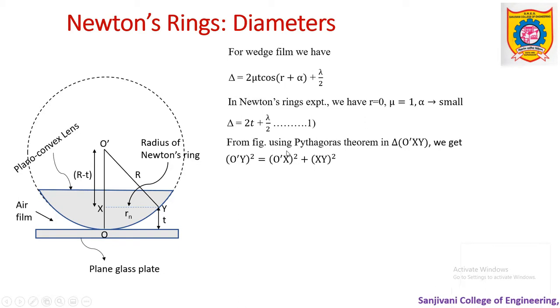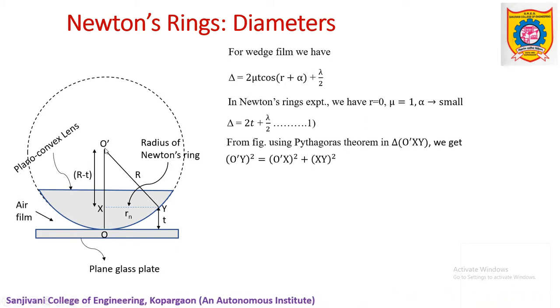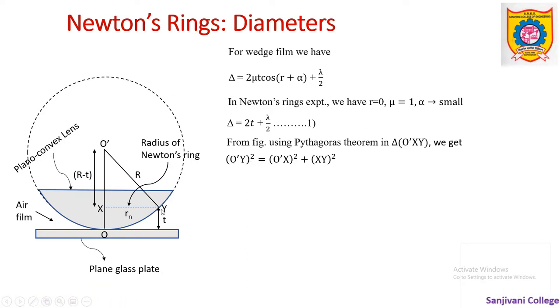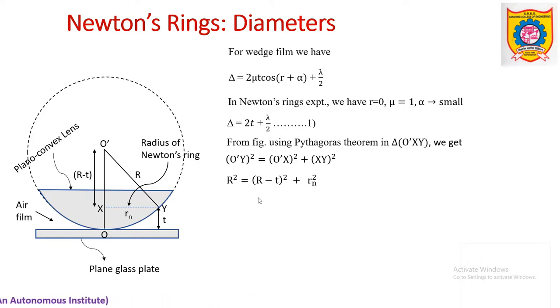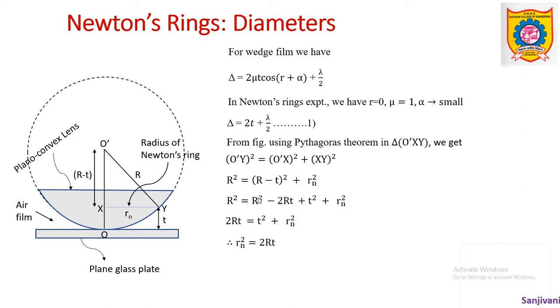Now we can simply apply the Pythagoras theorem to the triangle O dash xy. See, this triangle is under consideration. By that theorem we have O dash y square, this hypotenuse square, is equal to O dash x square plus xy square, and by putting their values we get R square is equal to (R minus t) square plus Rn square, and when we simplify it we get these steps.